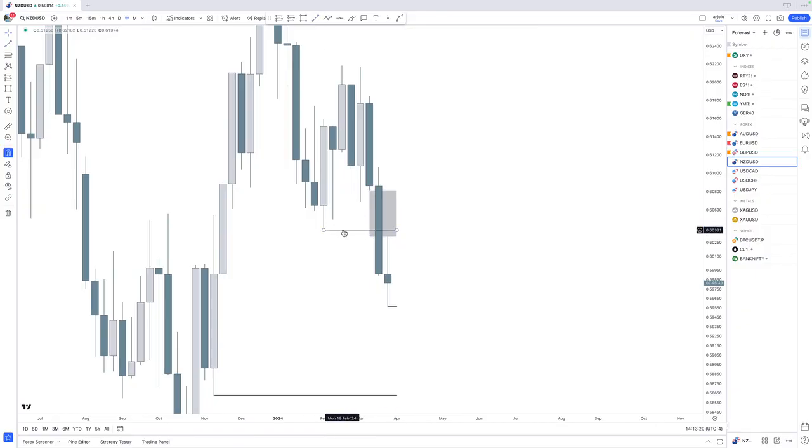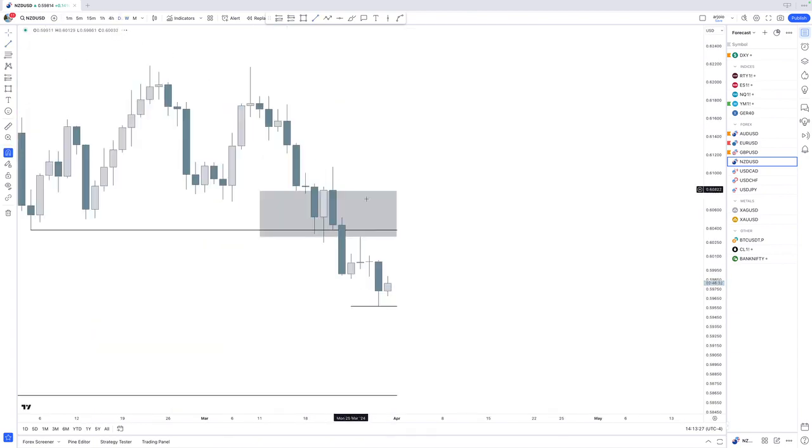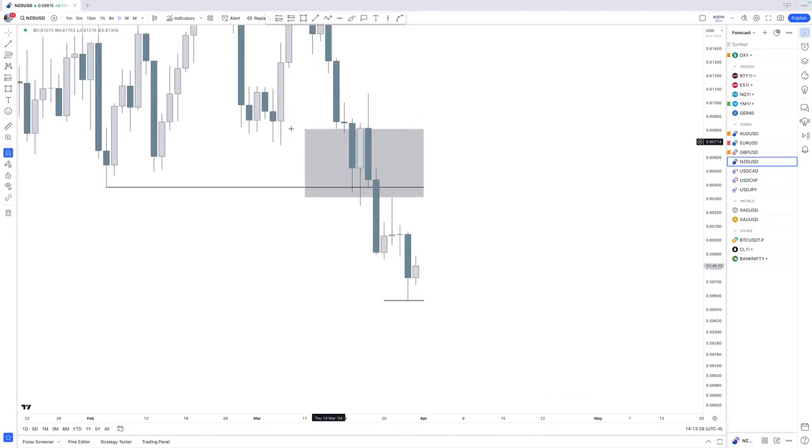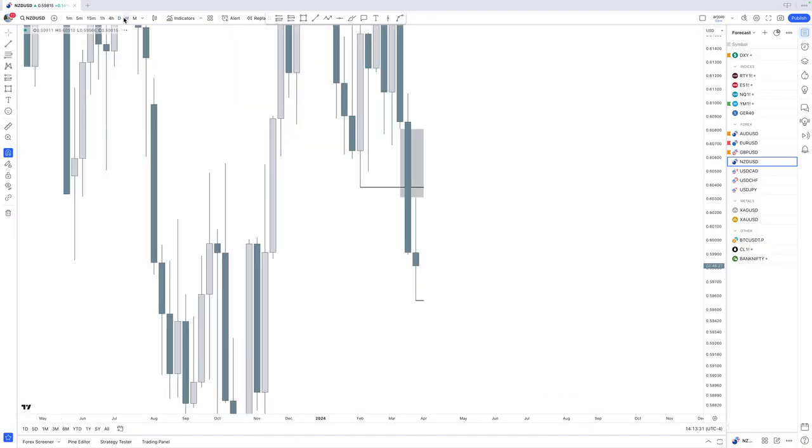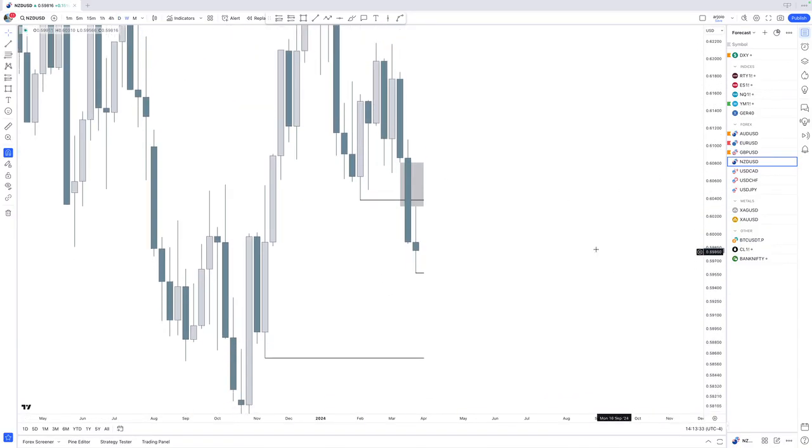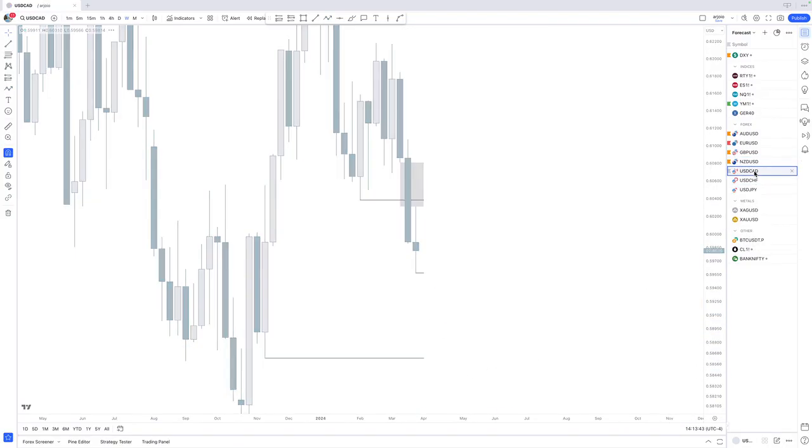If we can retrace back into that, that is actually very nice price action. Running into some resistance right there as well. So on the daily, this is not too interesting to me. I do not really want to look at anything just yet, but if we can retrace back into that, or we can already continue lower with a new fair value gap lower, that could be very interesting right there to continue lower as well. I do quite like that. So I'm going to put it on the waiting list as well.